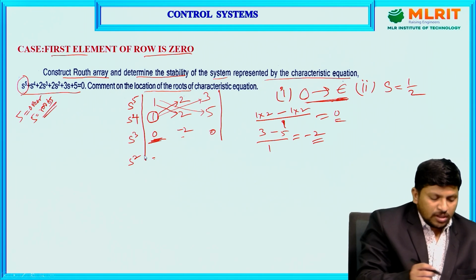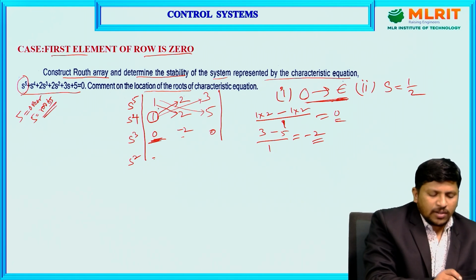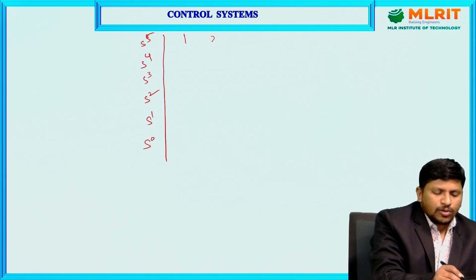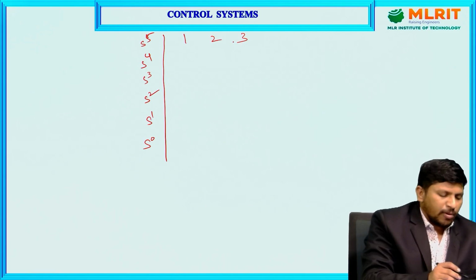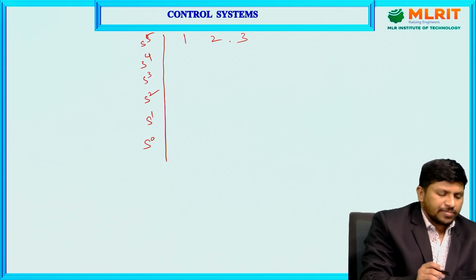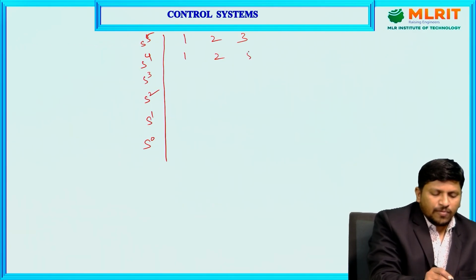See the question: the s power of 5 elements are 1, 2, 3. The s power of 4 coefficients are 1, 2, 5.